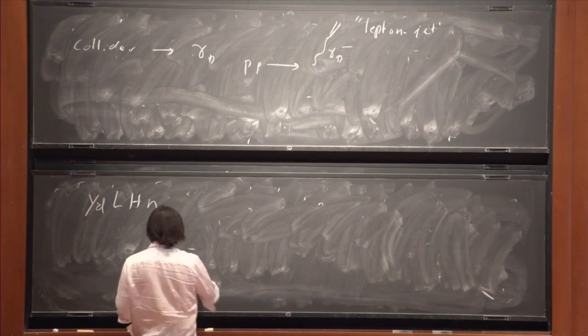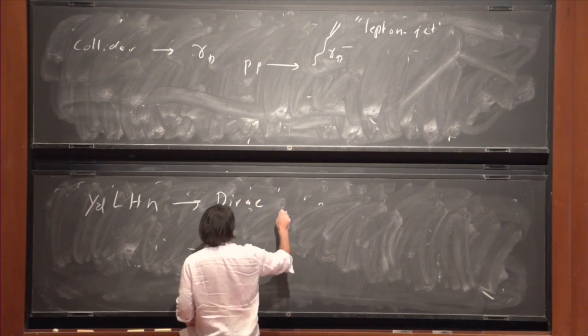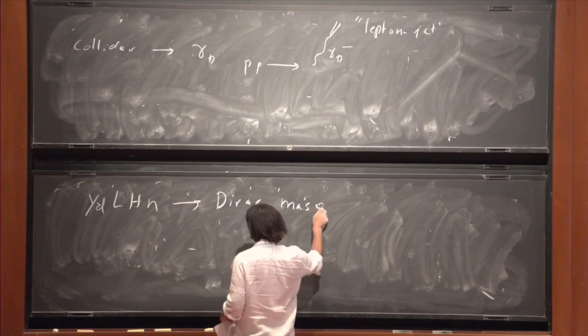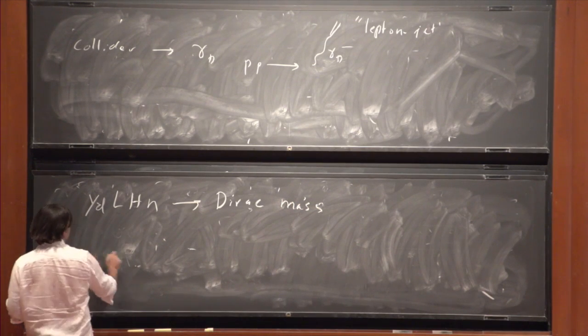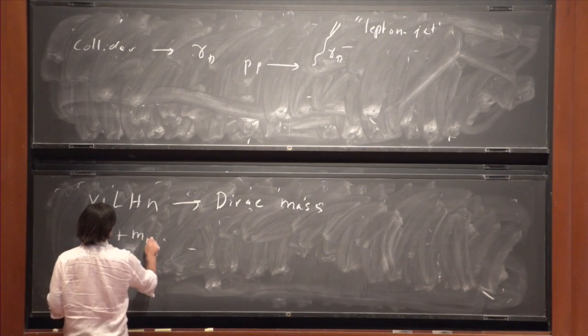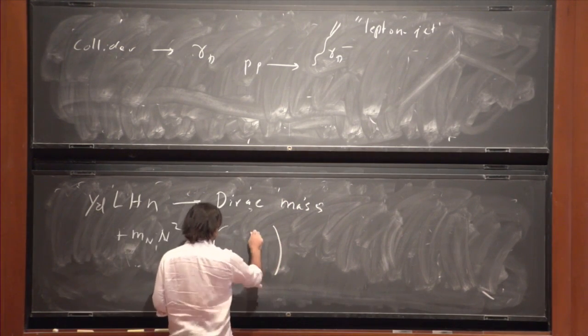If all I write down is this, then I get a Dirac mass. If I add a Majorana mass, then I have a seesaw.